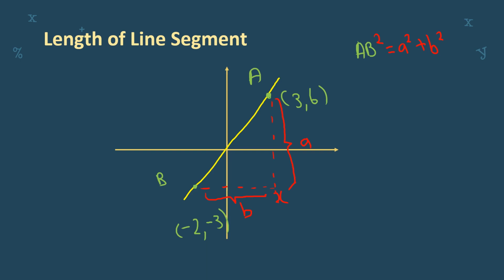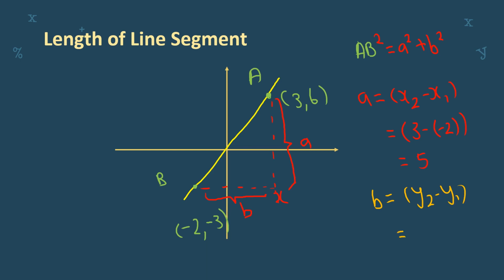Okay, in order for us to do it, a is equal to x2 minus x1, which is exactly the same as the formula earlier. So it's 3 minus negative 2, and this will give us 5. And b equals y2 minus y1.